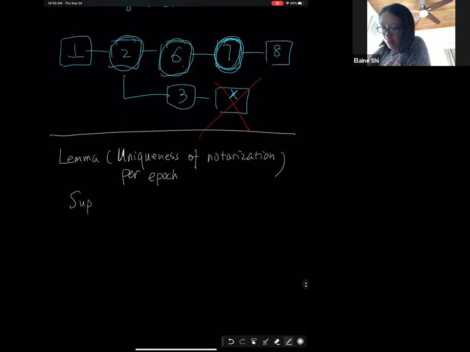Suppose that f less than n over 3. Throughout the lecture, we are going to assume the adversary controls strictly fewer than n over 3.